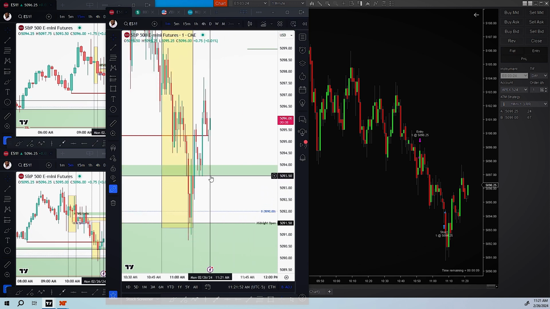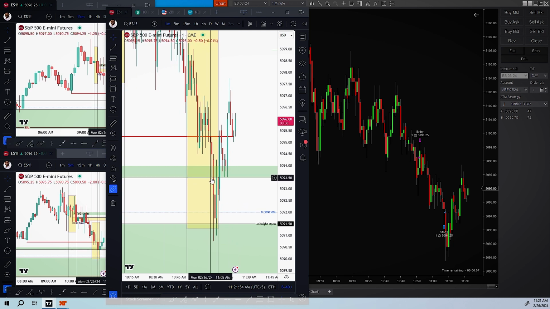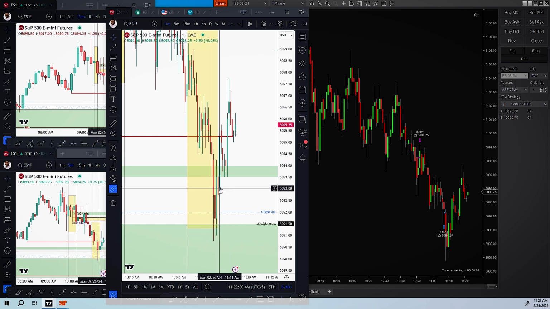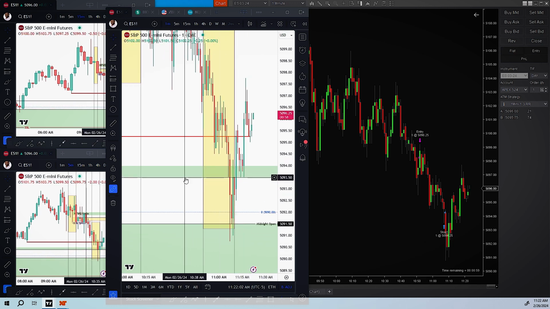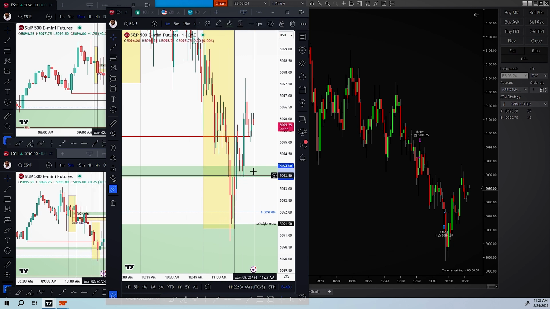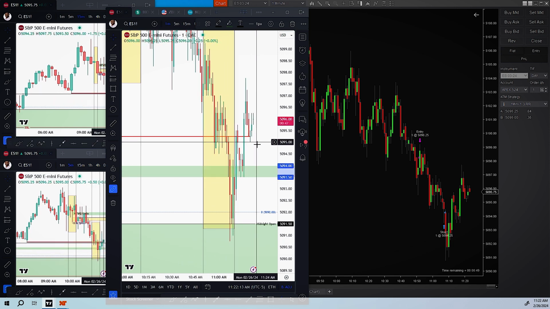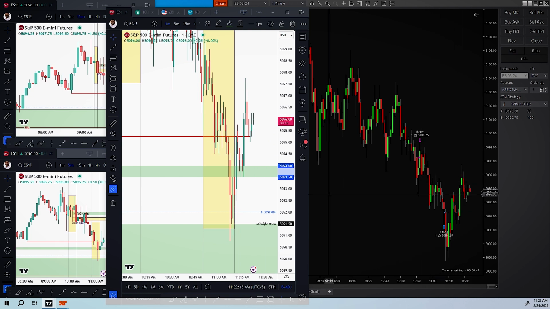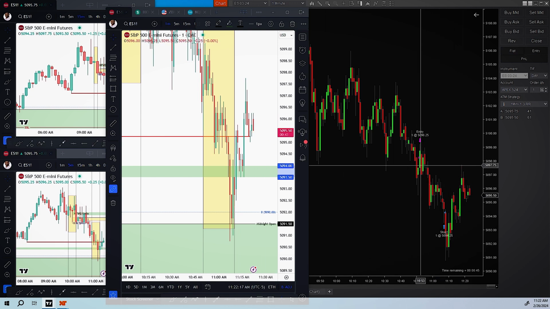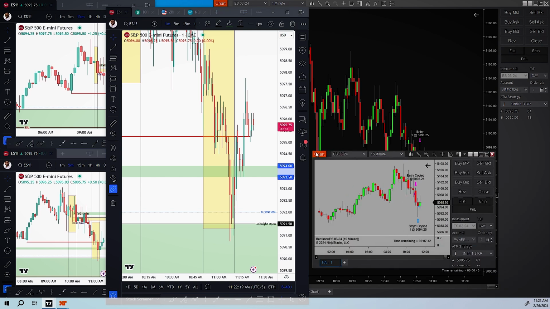As you see, we touched the low of that fair value gap, reversed, took me out, and then we went down below midnight and pushed back up. So that's the trade breakdown.